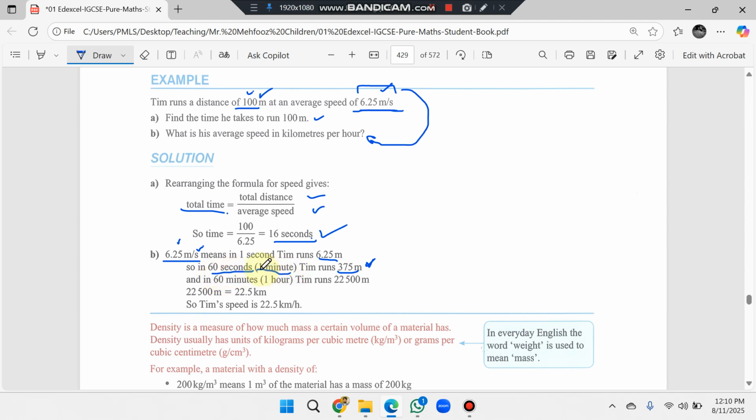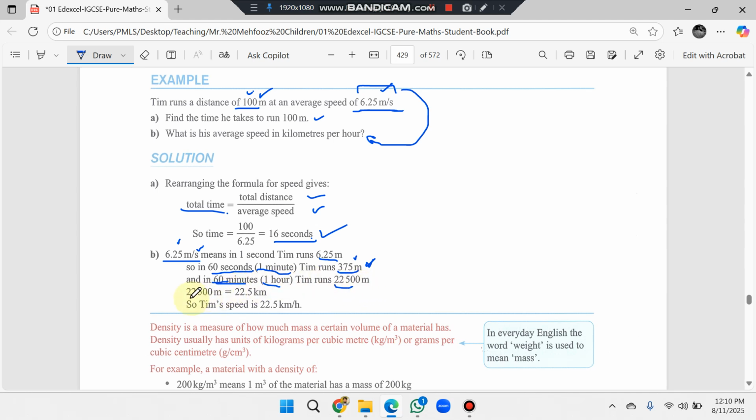Again, 1 minute multiplied by 60, and the right hand side also multiplied by 60. So 1 minute multiplied by 60 becomes 60 minutes. 60 minutes is equal to 1 hour. And 375 multiplied by 60 will be equal to 22500 meters.